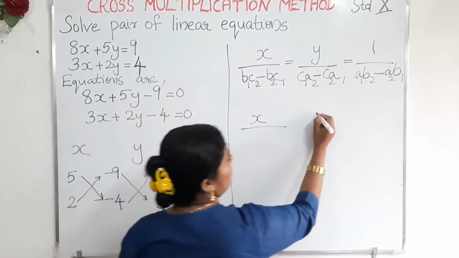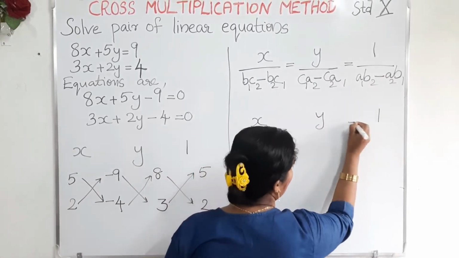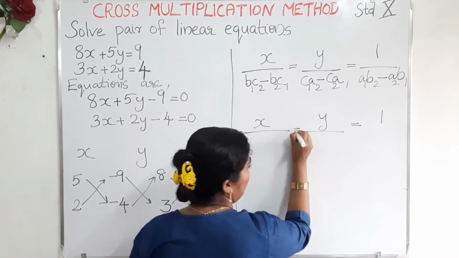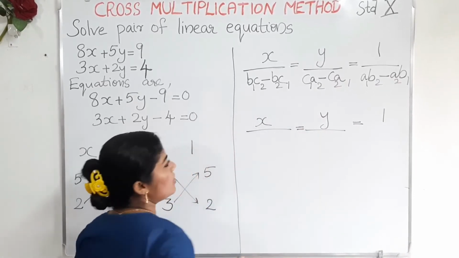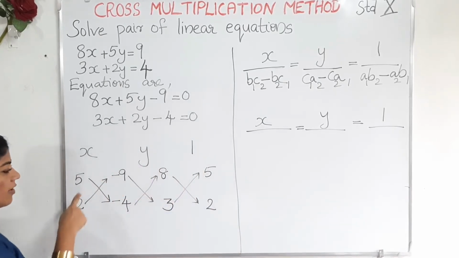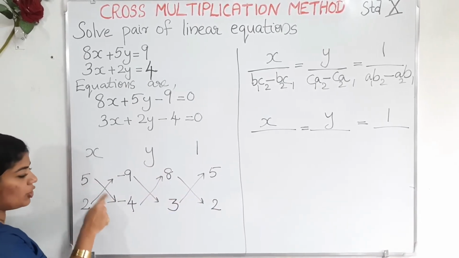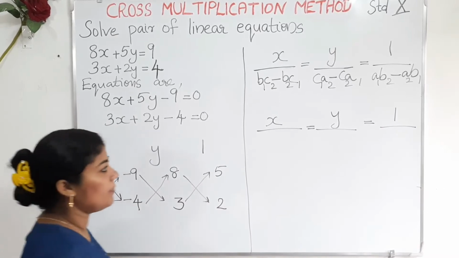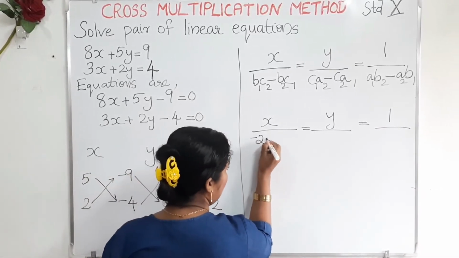Now x over 1 with equal. The first one is 5 into minus 4, which is minus 20.